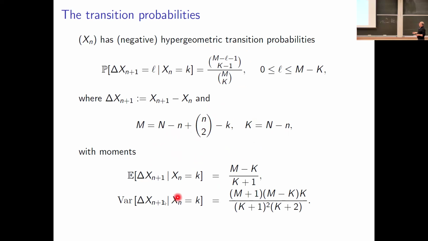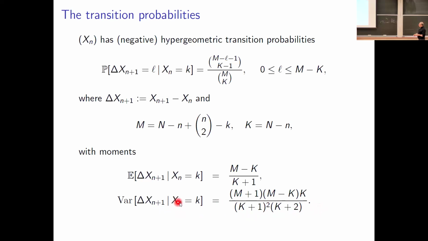With this notation, we can compute the expected increment, expected increase. Of course, the number of edges will be increasing, and the expected increase is given by this formula, and the conditional variance is given by that.